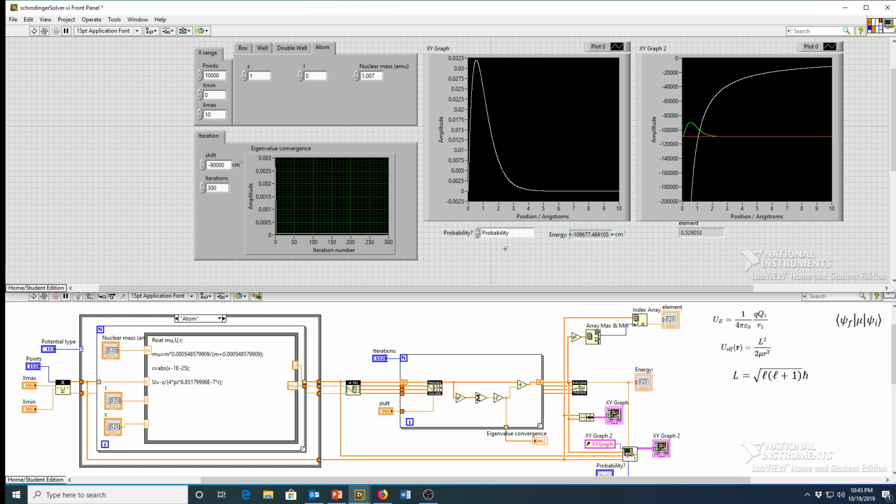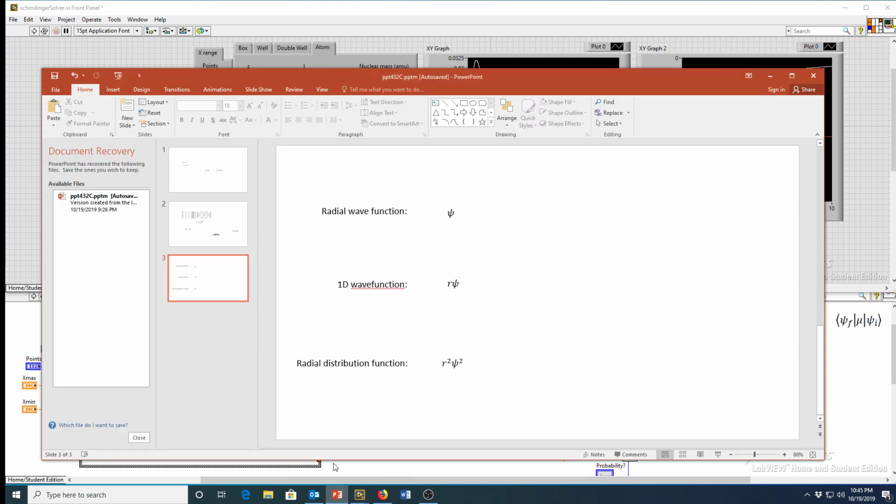Okay, but what was I saying before about this not looking like the radial wave function you see in textbooks? Here is what we have. You have your radial wave function you see in textbooks.